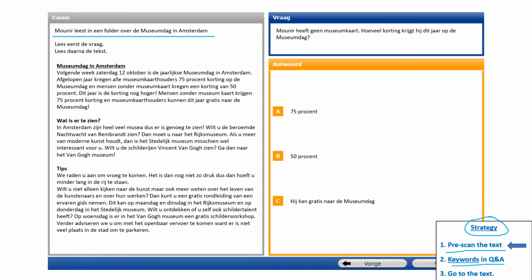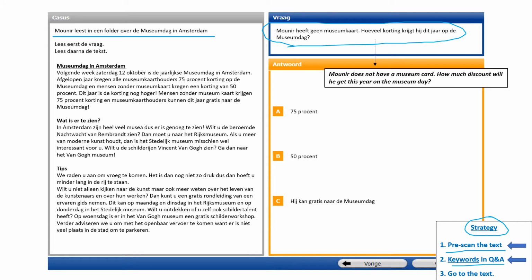So now that we have an idea of what this text is about, we can move on to step 2 of the strategy, which is to look for the keywords in the question and in the answers. So the question here is, Mounir heeft geen museumkaart. Hoeveel korting krijgt hij dit jaar op de Museumdag? Meaning, Mounir does not have a museum card. How much discount will he get this year on the Museum Day?